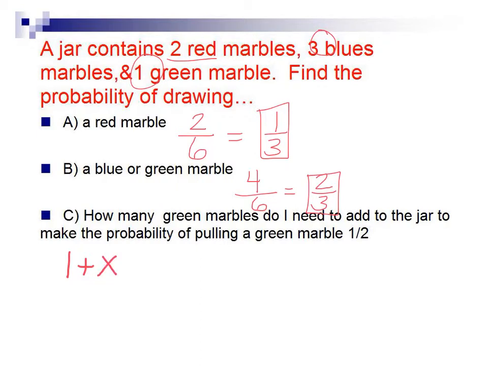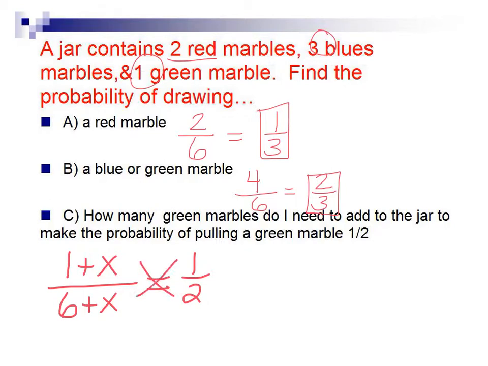And that would be your success over your total, which you currently have 6, but remember you're adding some marbles to the bag. So it would be 6 plus x. That's what you're going to end up with, and you want that probability to equal 1/2.